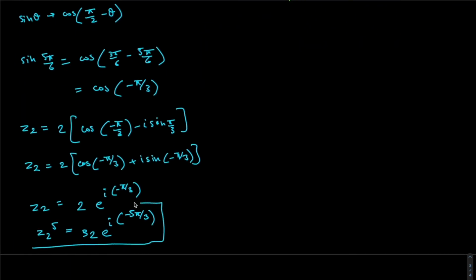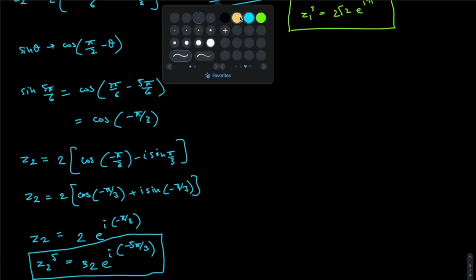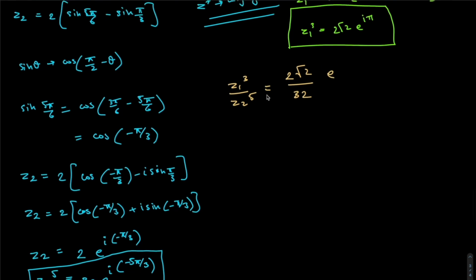Now all I have to do is I just have to evaluate this, right? So I'm gonna change the color again. So I'll write z1 cube upon z2 to the power 5 is square root of 2 upon 2, upon 2 root 2 upon 32, and I'll have e raised to the power i pi upon e raised to the power minus 5 pi by 3.